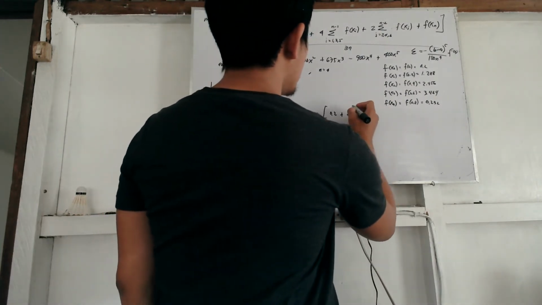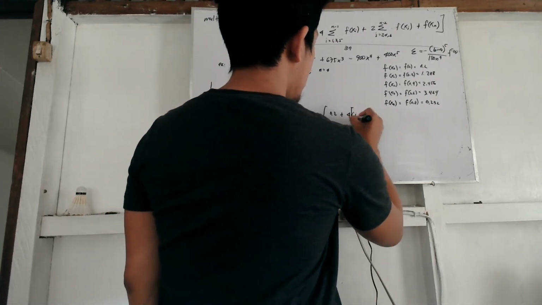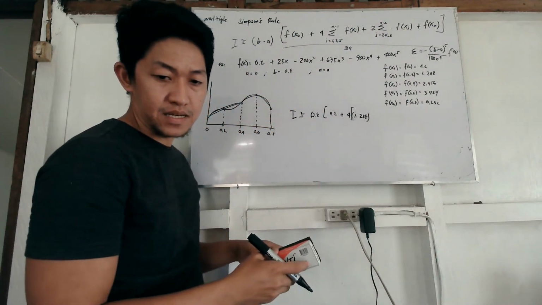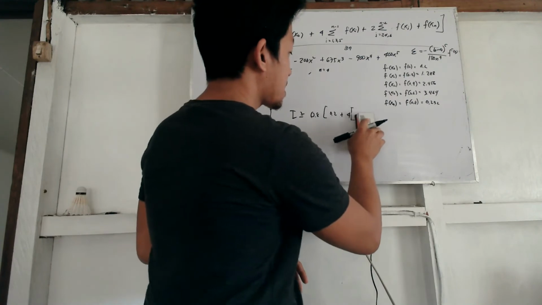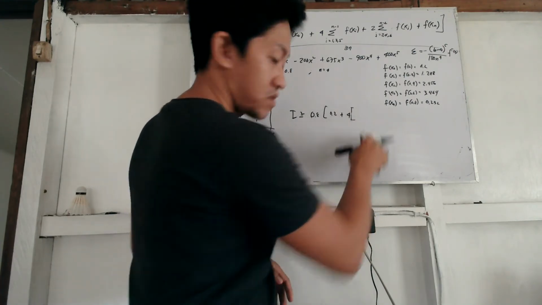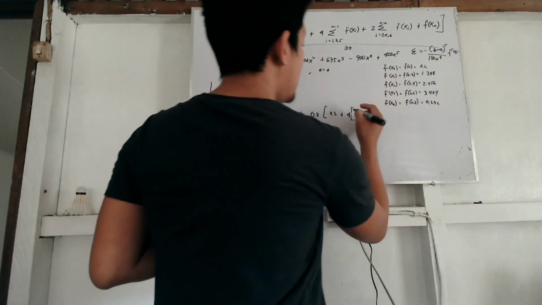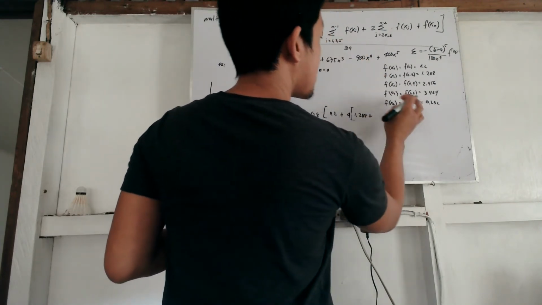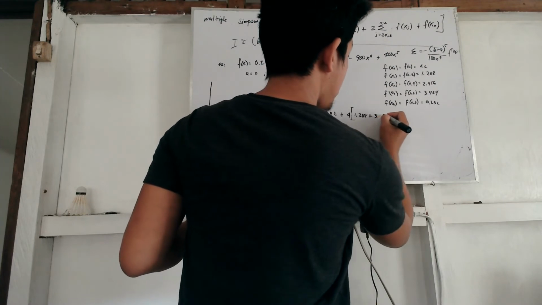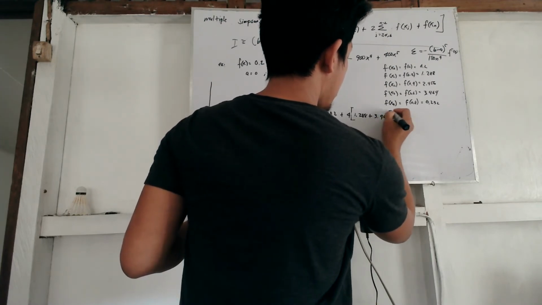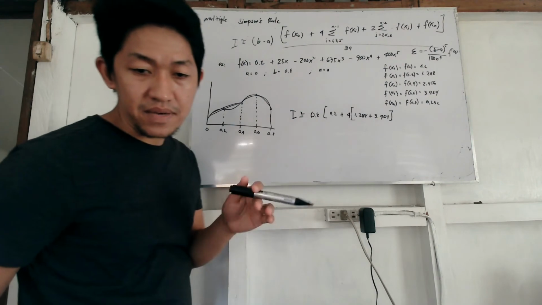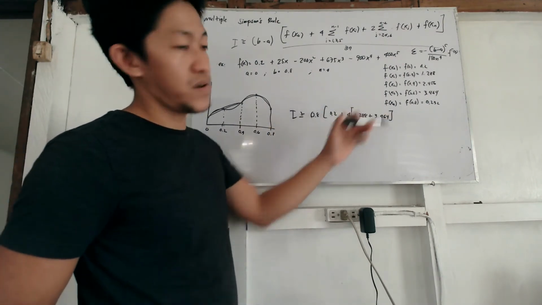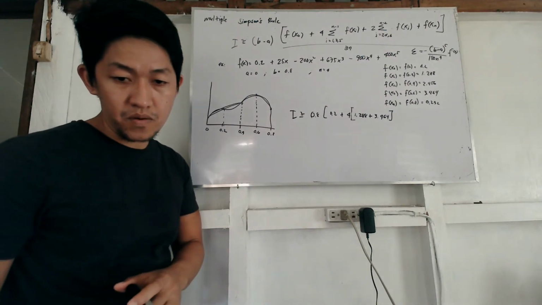So this becomes 4 times 1.288 plus x sub 3, 3.464.